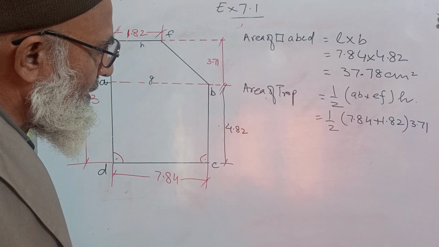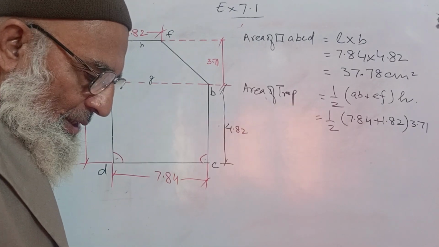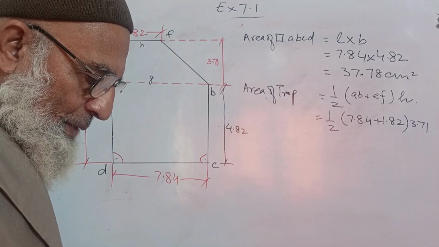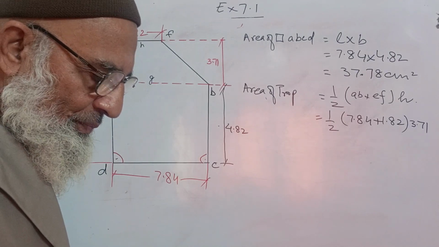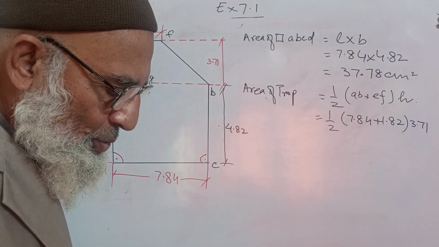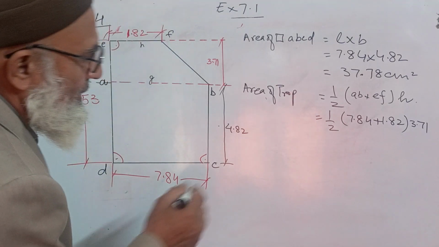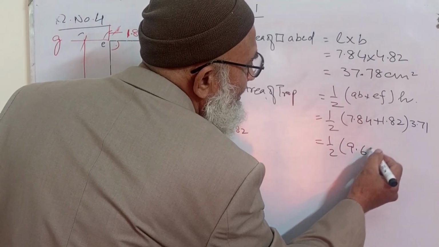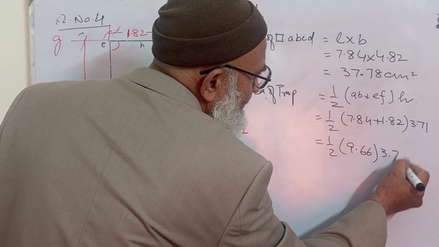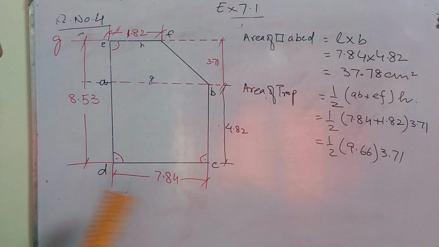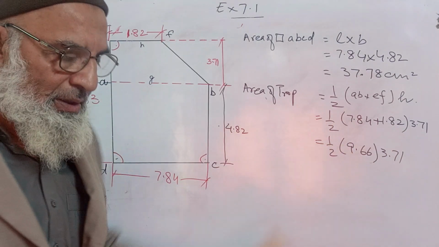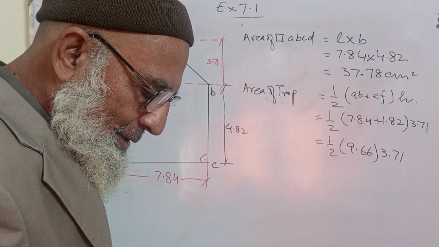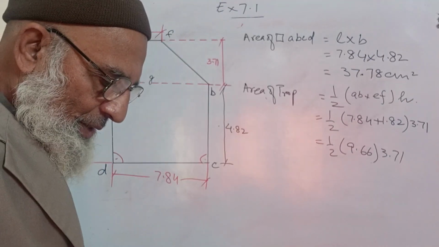So my dear student, 7.84 plus 1.82 equals 9.66, so half of 9.66 times 3.71. The sum of this is this. Now multiply the answer with 3.71.